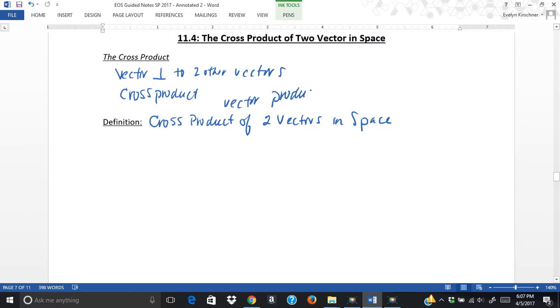In this case, unlike the dot product, we get another vector out of it. So I'm going to define it.